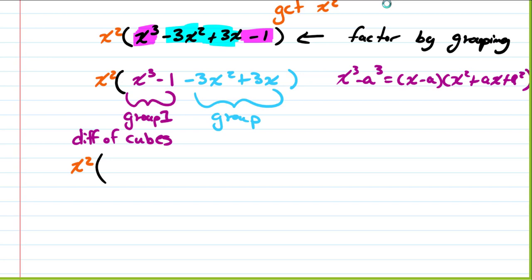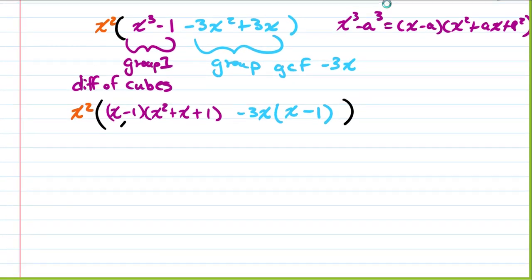So our first group, our a is 1, and using the formula, we're going to get x minus 1 times x squared plus x plus 1. And in our second group, we just have a GCF, and since our leading term is negative, we will factor out a negative 3x. So in group 2, we factor out a negative 3x, and that leaves behind an x take away 1.